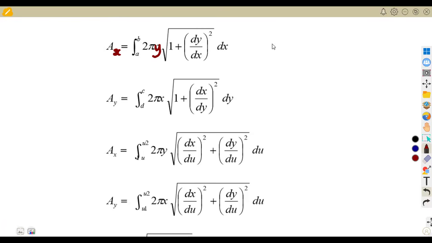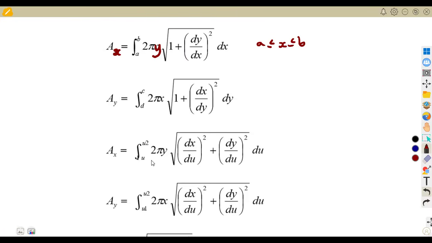This is the formula that we take on a condition where our x is taken from the limits a to b. So this is the surface area when it is rotating about the x-axis.